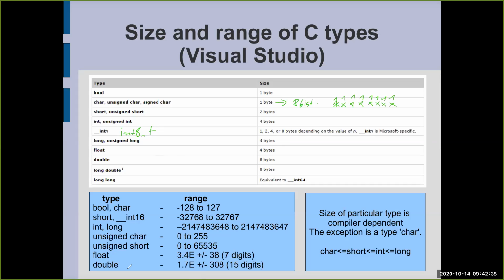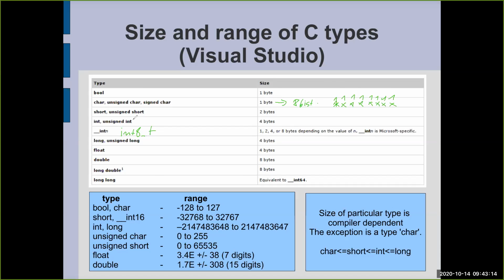I will tell you something about how the memory is organized and how these bits are represented and converted into negative values, or how the floating point values are represented later on. But now I'd like you to remember that different types have different amounts of memory assigned.